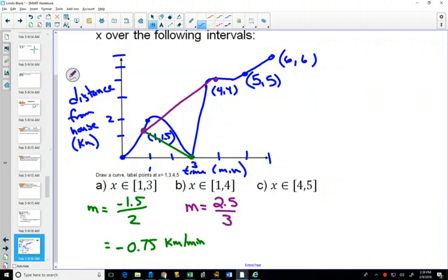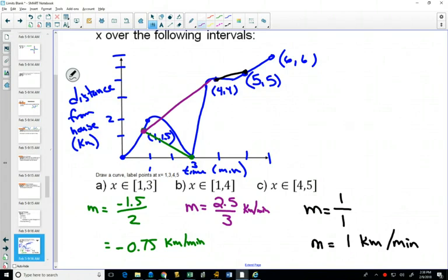So it would be 2.5 divided by 3 kilometers per minute. And finally, from 4 to 5, you've just gone up 1 over 1. Choose a new color. So here, our average rate of change is 1 kilometer per minute.